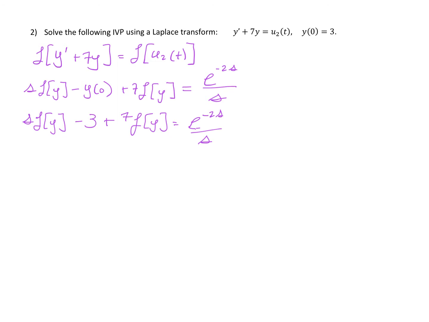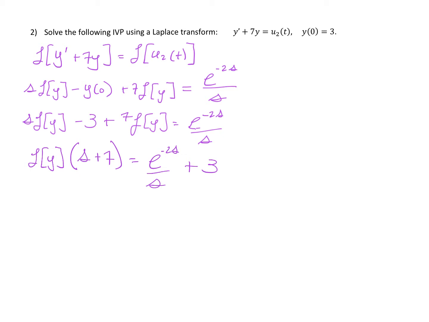All right, so I want to gather my Laplace of y's. So I have two terms that have a Laplace of y in it, one that does not. I'm going to move this one that does not over to the other side, and then these two that remain, I'm going to factor out a Laplace of y. So I have Laplace of y times s plus 7 equals e to the negative 2s over s plus 3.